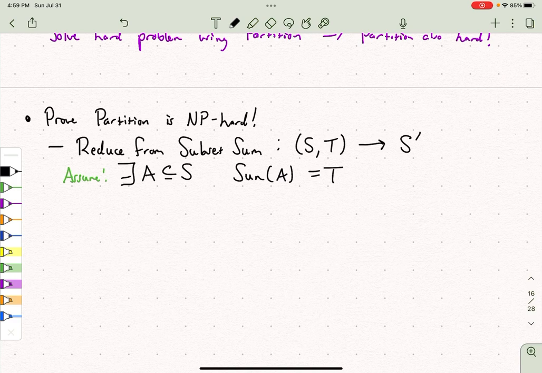And now we know in the future for the proof, this needs to imply S prime has a partition. So in particular, we kind of want to use the solution A in the solution for S prime. So somehow we need A to either be or at least appear in one side of the partition.